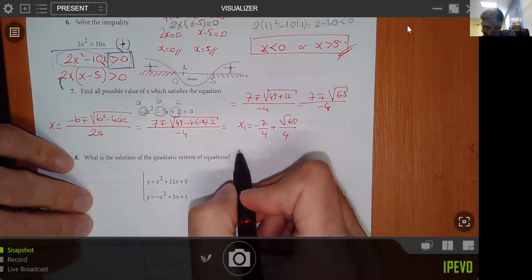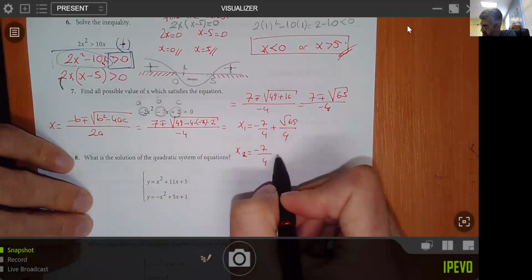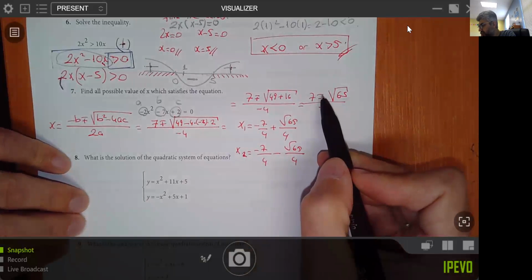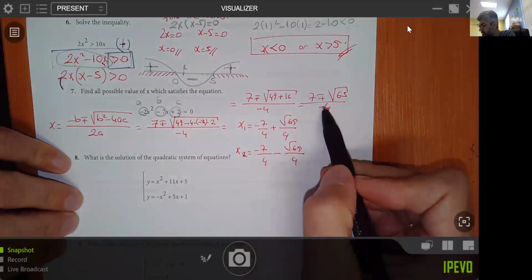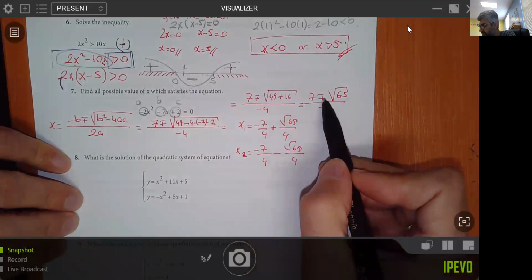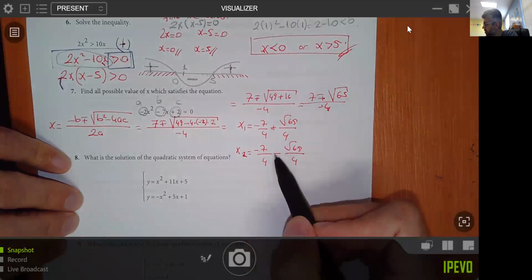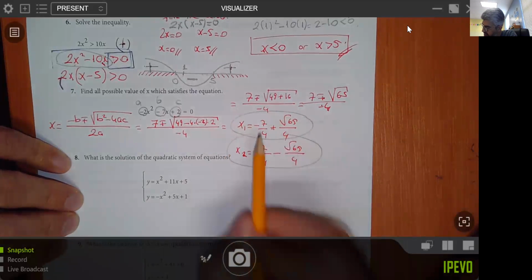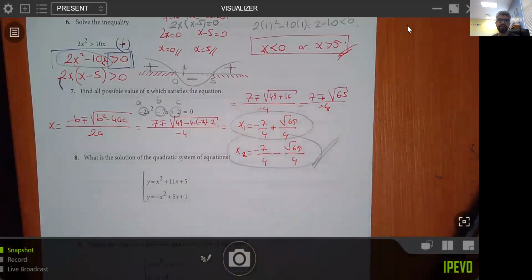And x sub 2 is -7 over 4 minus root 65 over 4. Pay attention: when it's minus, minus over minus is plus. When this is plus, plus over minus is minus. So these are two solutions. Is it clear? Do you have any questions? We just use the quadratic formula. You may have the quadratic formula on your index card.